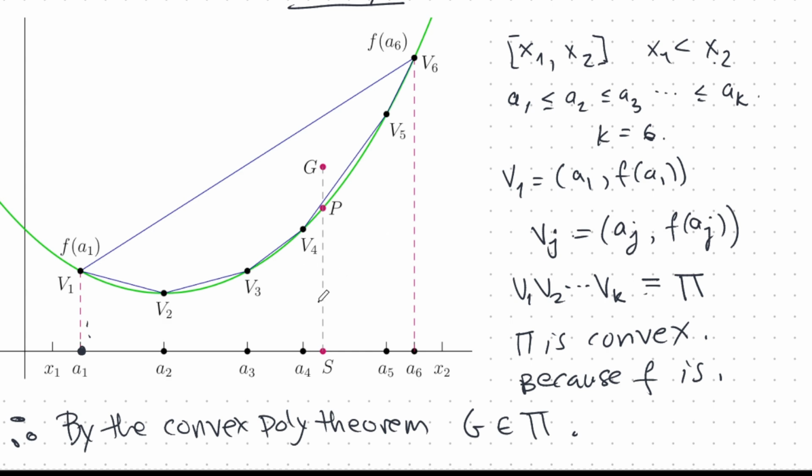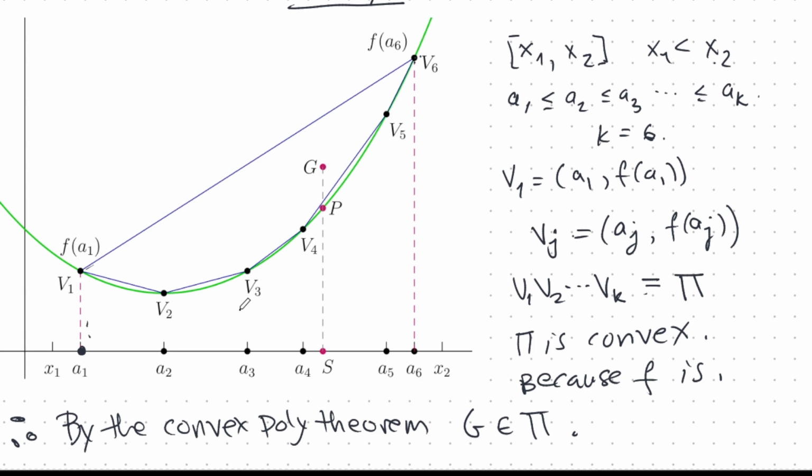But you'll probably have some pathological behavior if G is above this line too, because we can derive a different inequality using this line from f of a1 to f of a6, and it will contradict that. This has to be below this point, less than or equal to this point. So something's going to go wrong if G's above, and Jensen's inequality is going to go wrong if G's below. That's for sure.